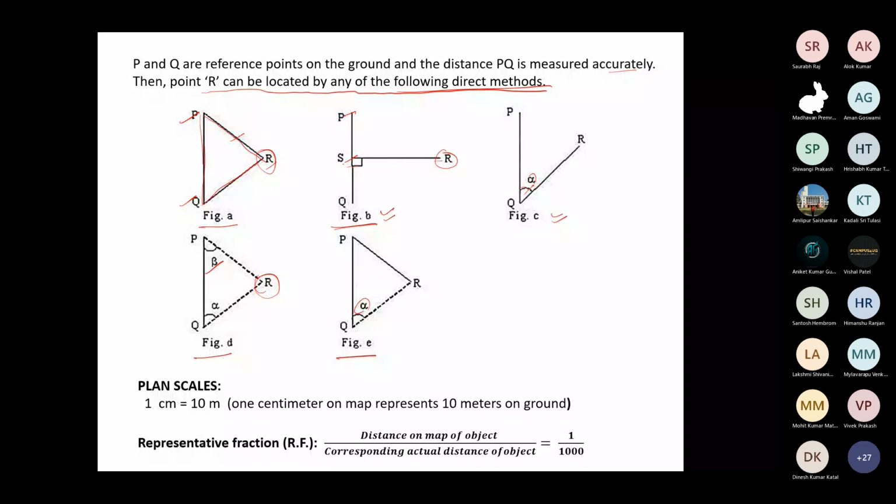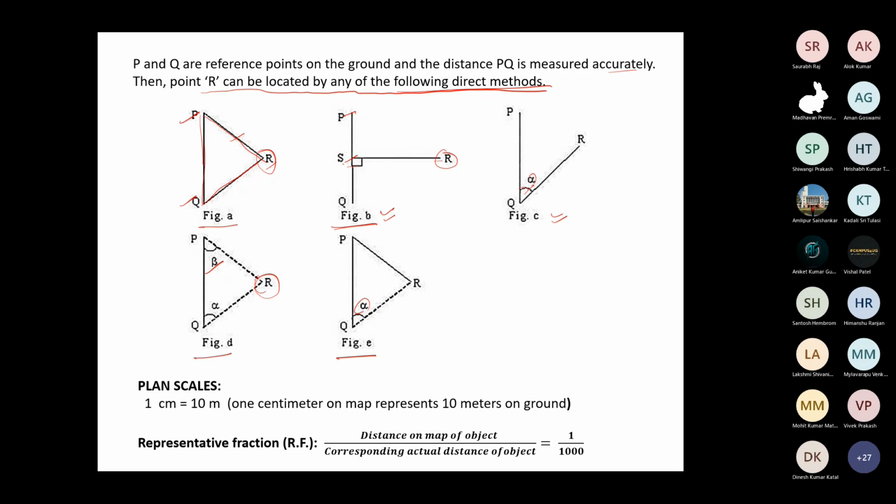Another is called the representative fraction, RF. So what is this? It is the ratio of the distance on the map of an object divided by the corresponding actual distance of the object. If I convert 1 centimeter equals 10 meter, being a ratio, it should be in the same unit. So it will be 1 upon 1000.